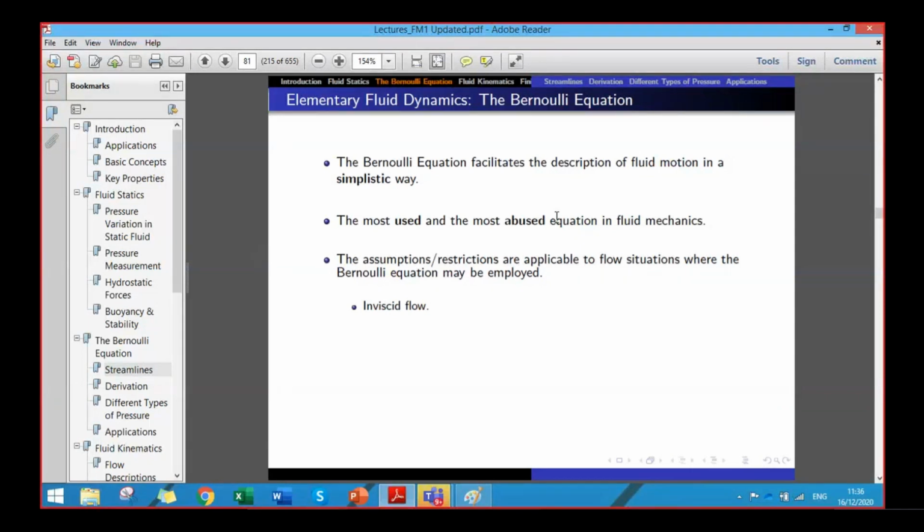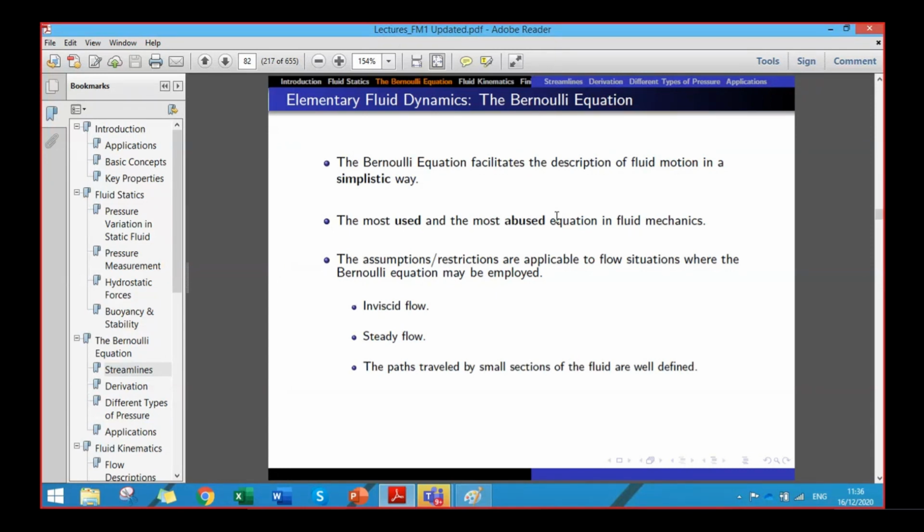The flow on which the Bernoulli equation is applied should be inviscid flow, that is, the viscosity should be zero. The flow should be steady flow. We will discuss in just a few moments what inviscid flow and steady flow are.